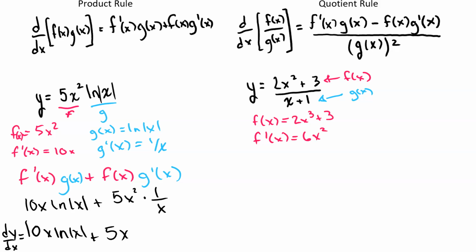Right, bring down the exponent, make it one smaller. So we've got 3 times 2, exponent one smaller, squared. Derivative of this guy, exponent's 1, right? Bring it down. Exponent gets one smaller, it'd be 0. X to the 0 is 1, so this is just 1.